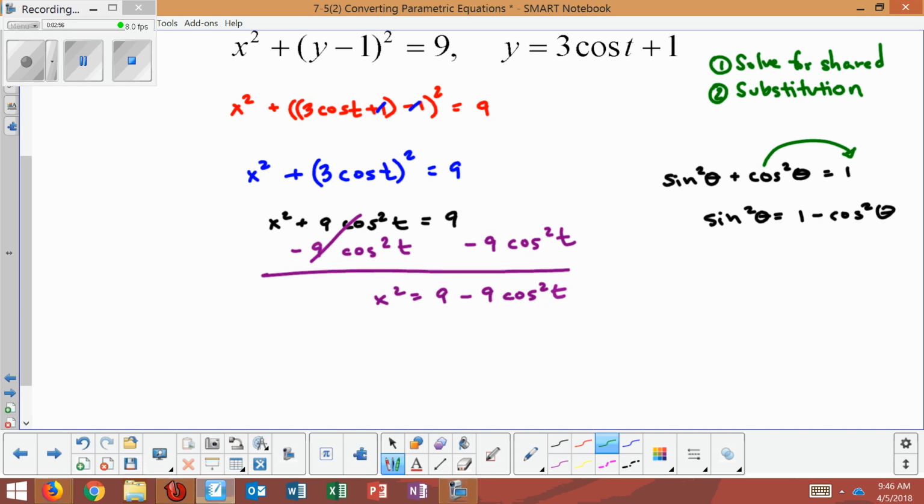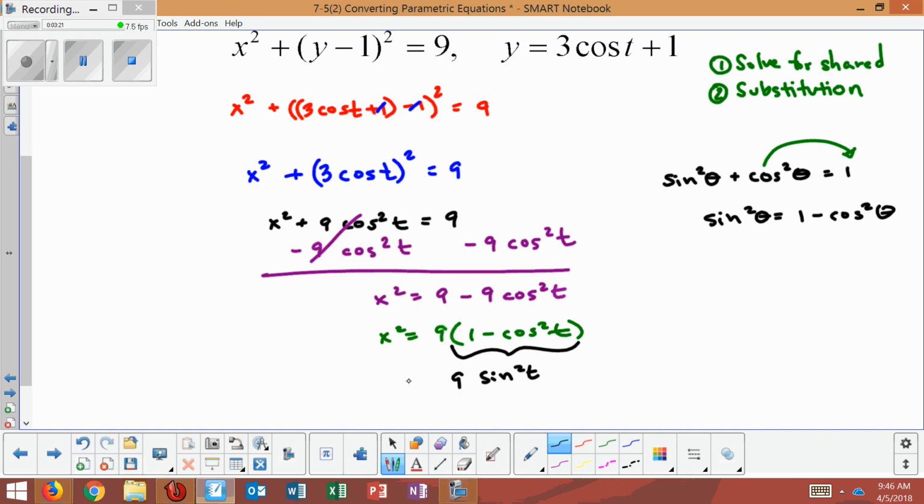Now, why does that come into play? Well, check this out. If I rewrite this as x squared equals 9, I'm going to do a GCF here, greatest common factor. 9 is shared in both, so if I divide it out, I'm left with 1 minus cosine squared t. From here, I can substitute in for sine squared.